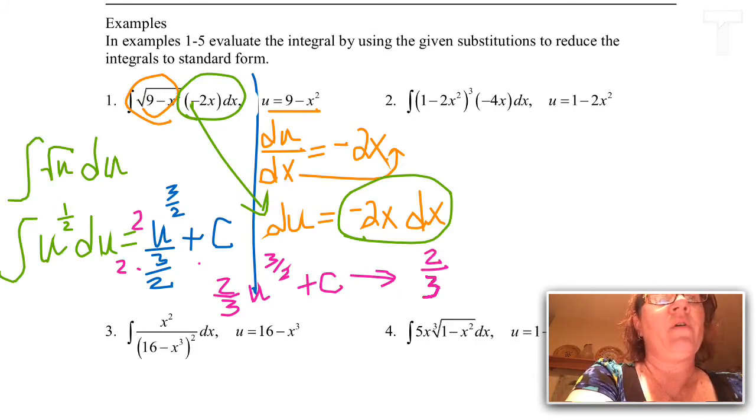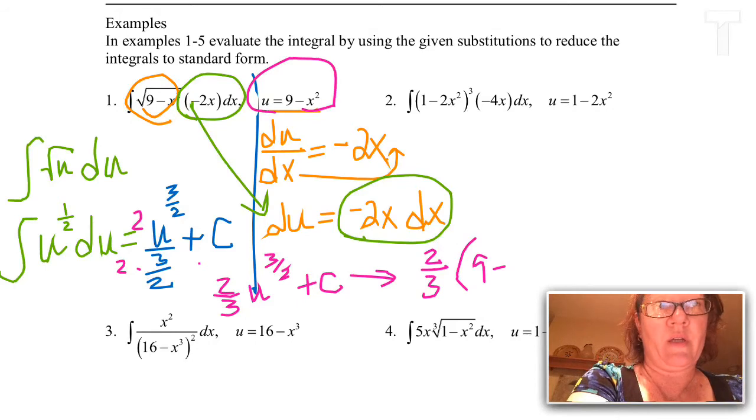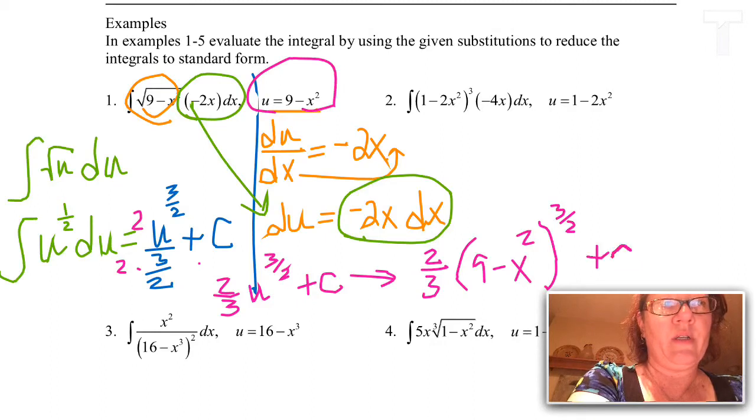And so remember, all the way back up here, u was 9 minus x squared, and that's to the 3/2 plus C.